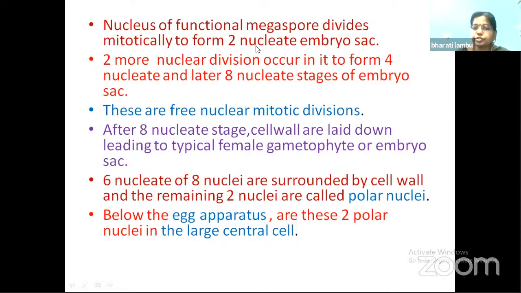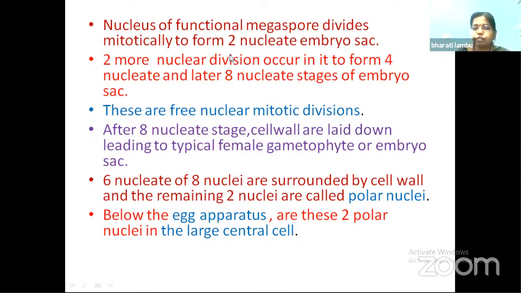Again, this two nucleate structure will divide mitotically to form 4 nuclei and later on 8 nuclei of the embryo sac. So inside the embryo sac, how many nuclei are present now? 8, without any wall formation. Cell walls are not formed now. So these are called free nuclear mitotic divisions.